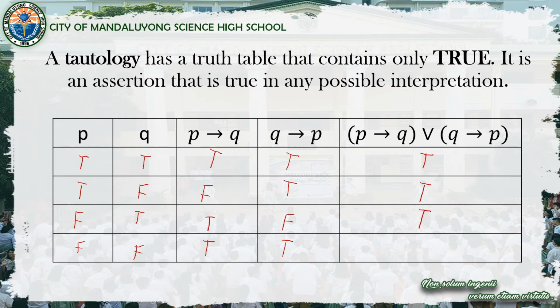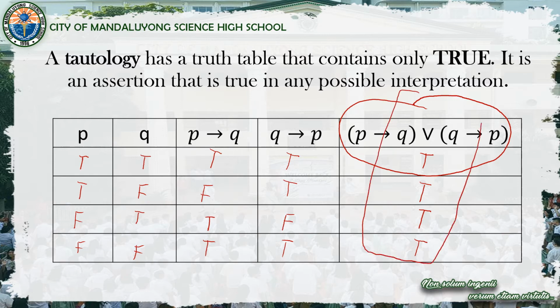And then true or true, true. So, ibig sabihin, etong ating given na ito ay tautology. Because, as you can see, etong last column natin, we have values that contains only true values.